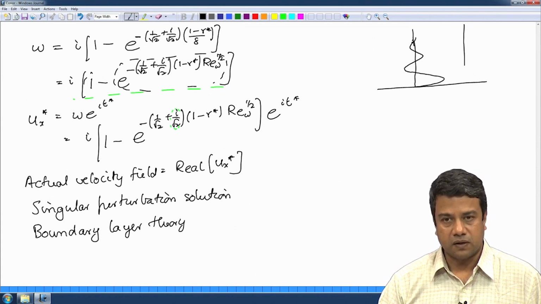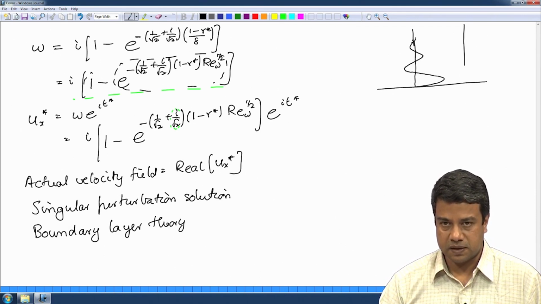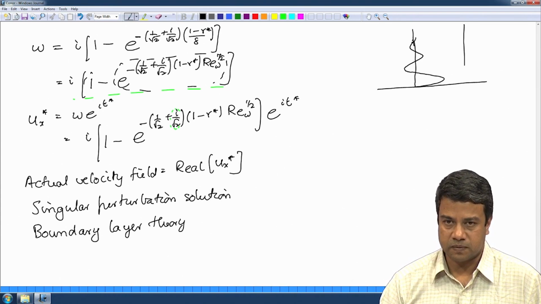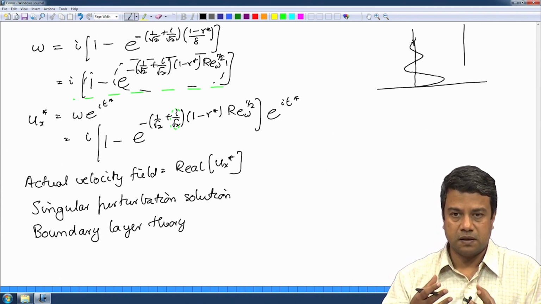In all cases where the viscous effects are small compared to inertial effects, Reynolds number is large or Peclet number is large for mass and heat transfer, these problems will all reduce to singular perturbation problems, where the disturbance due to the flux from the surface will be limited to a thin region near the surface.